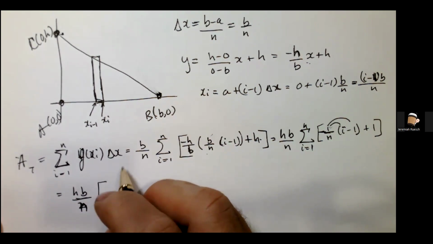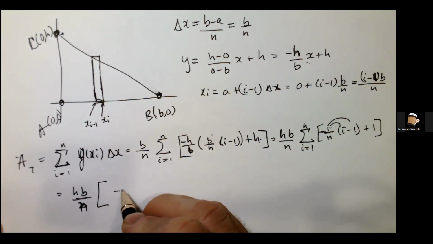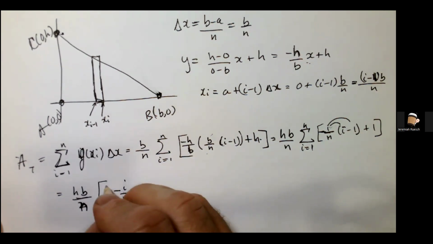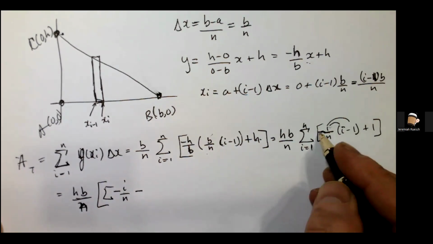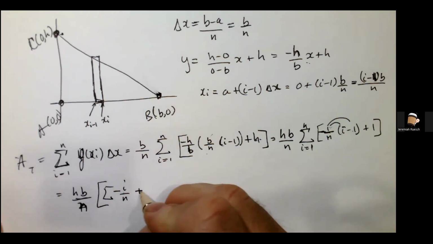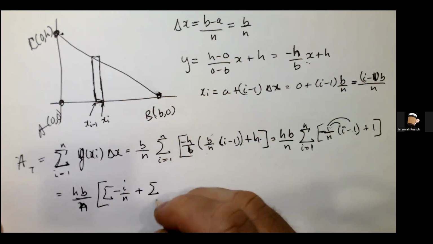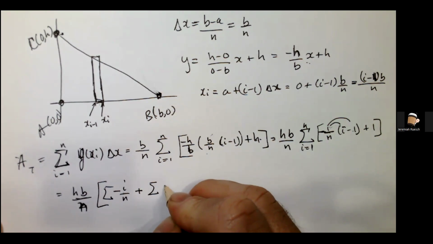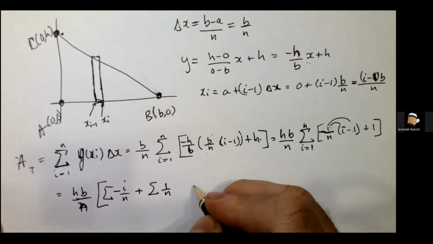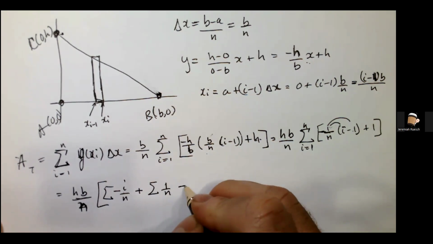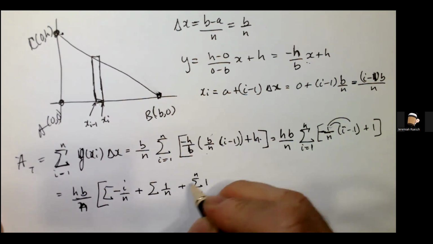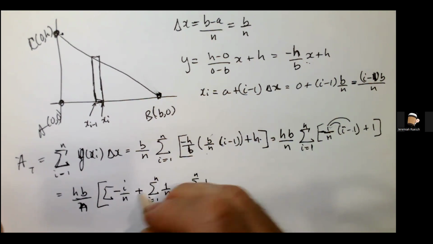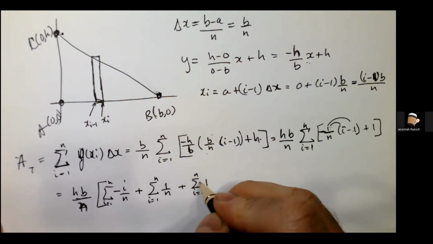So then I have a negative i over n that I'm summing over, minus, and a minus sign makes that a positive, sum of 1 over n, and then plus just the sum of 1. i equals 1 to n, i equals 1 to n, and i equals 1 to n.